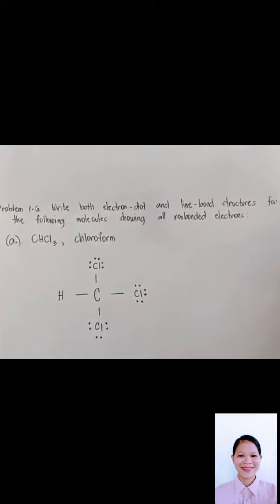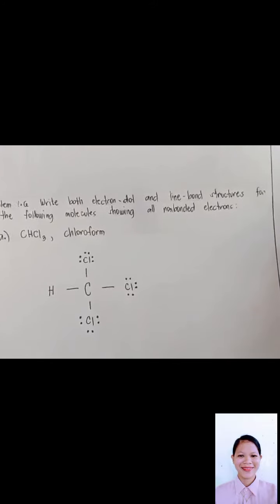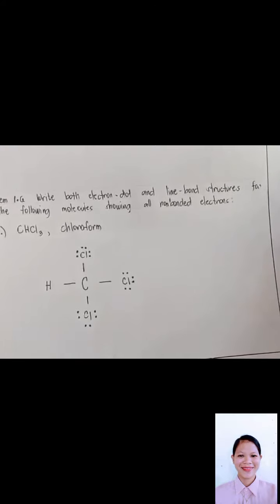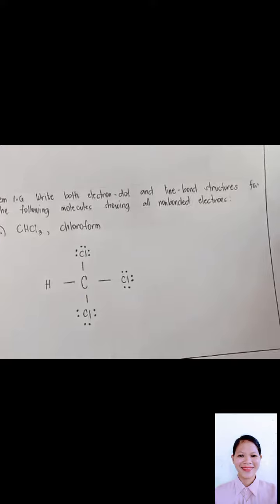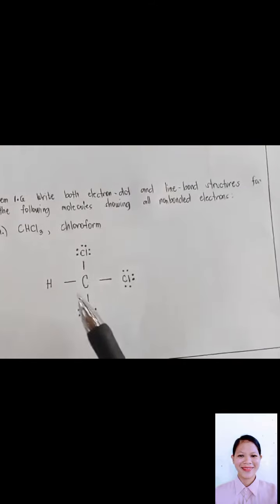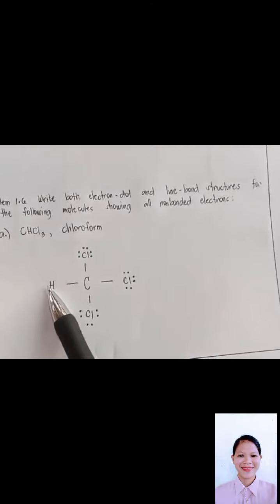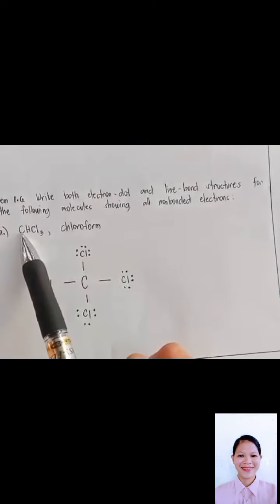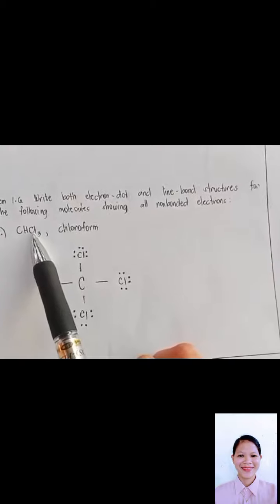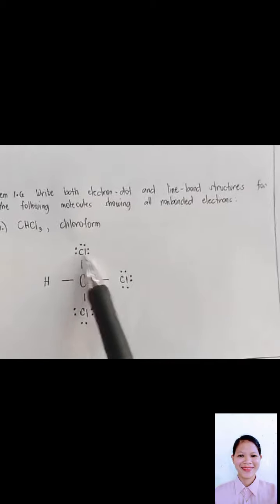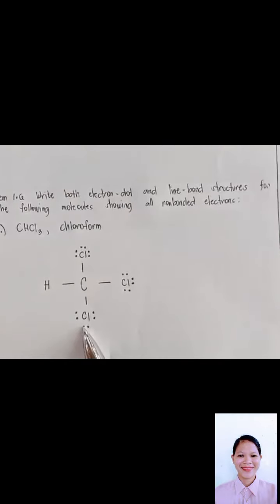1.6. Write both electron dot and line bond structures for the following molecules showing all non-bonded electrons. CHCl3, chloroform. CH, here, and the 3 Cl, or chlorine. 1, 2, 3.